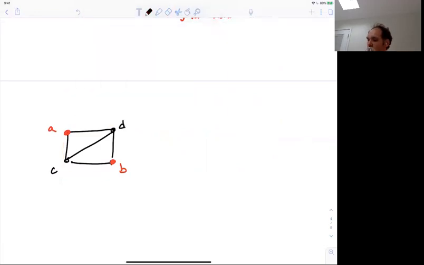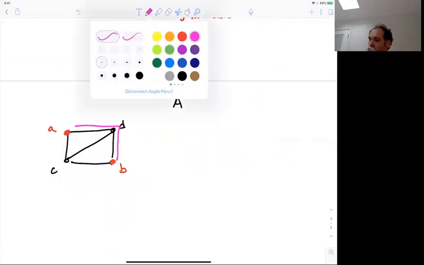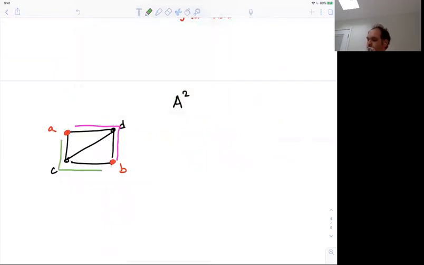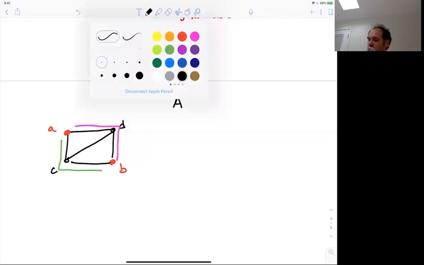What about A squared? How many ways are there to get from A to B in 2 steps? For 2 steps, you can go that way or you can go that way. So we would expect the AB entry to be 2.